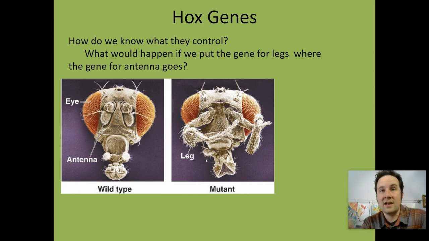We switched antennas for feet, and the same genes that would normally build the leg in the leg area have now been told, build a leg right here. And we see two not very functional legs coming right out of the antenna of this mutant fruit fly. So again, Hox genes, incredible genes that tell you where to put the things that make us us.